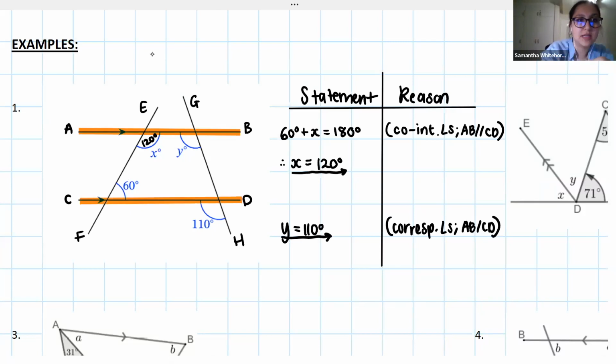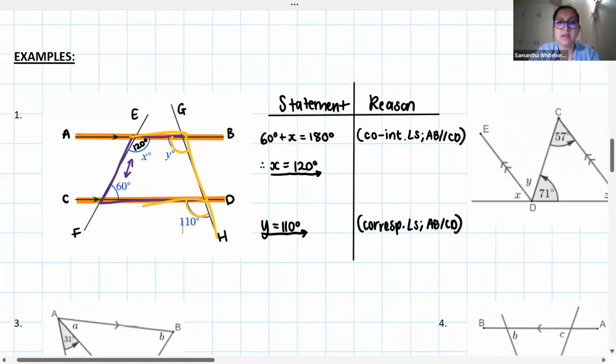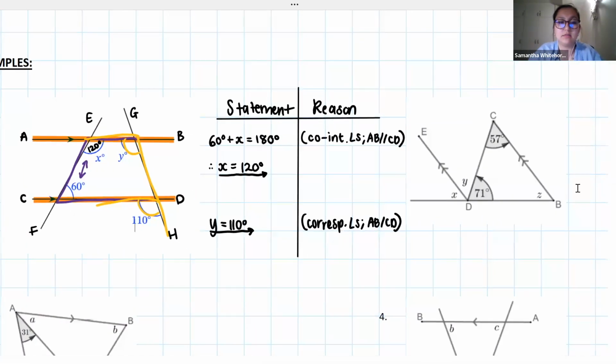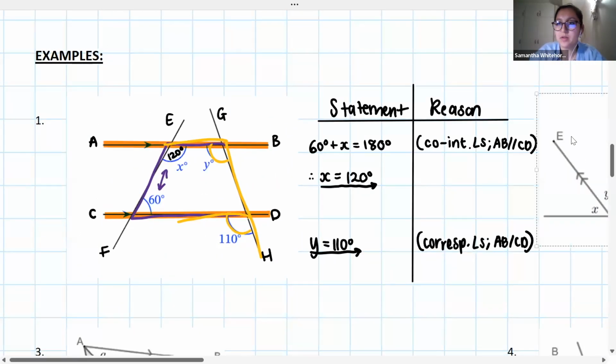What that meant was we've got this U shape where we can work with the X and the 60, but we have also got the F shape, which means Y and 110 correspond with each other. Right, so I hope we got those two answers. Let's have a look. Okay, take your screenshots and then I'm going to shove over.